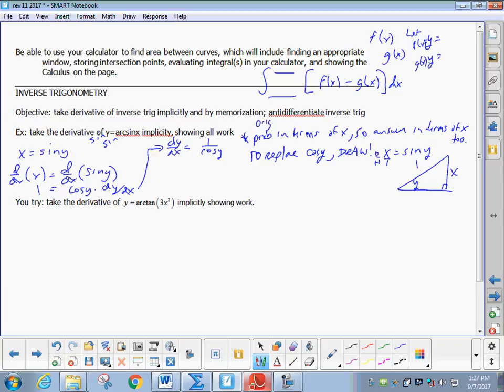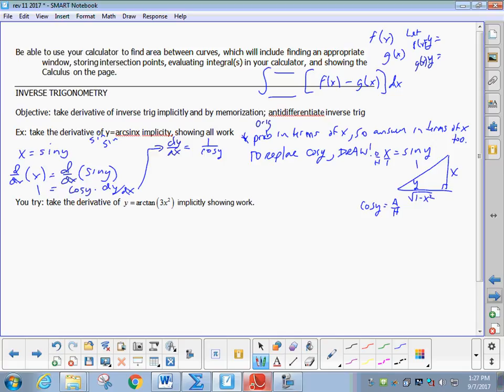Now, can I replace cosine y via that picture? What's cosine y, according to that triangle? Adjacent, yeah. Cosine y is SOHCAHTOA. Cosine y is adjacent over hypotenuse. So I need the adjacent side. What's the adjacent side? Square root of 1 minus x squared.